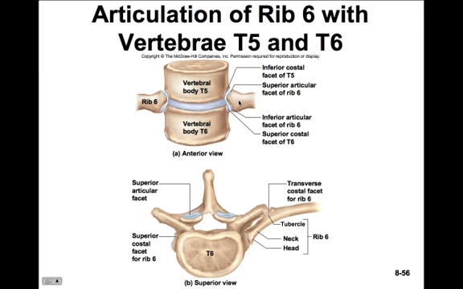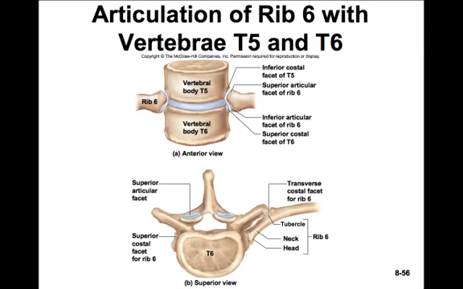The rib has its corresponding inferior articular facet that interacts with the superior costal facet on the vertebrae, and a superior articular facet of the rib that articulates with the inferior costal facet of the vertebrae. So you can see it's important to be specific with your naming. This would be specifically the inferior costal facet of the vertebrae, and then this side would be the superior articular facet of the rib.